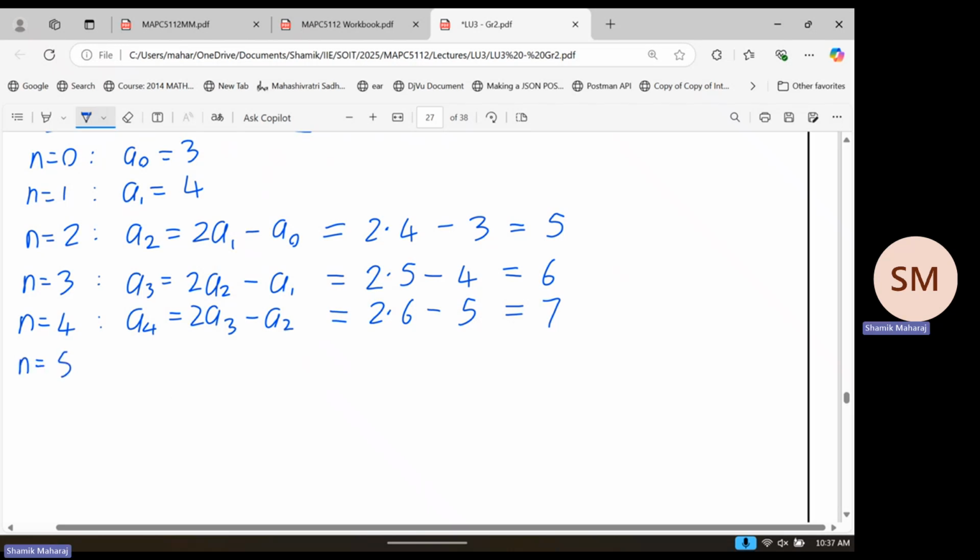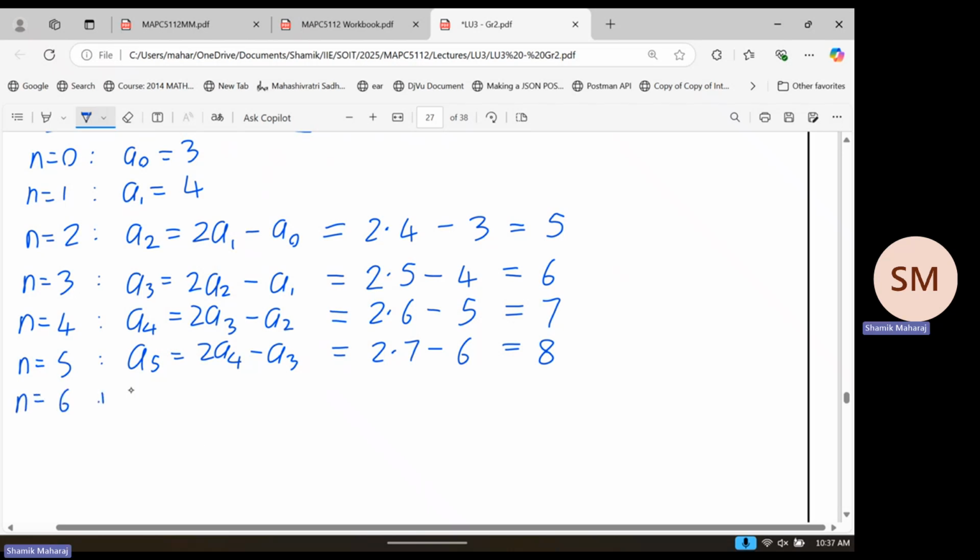N equals 5. Here we have A5 is equal to 2A4 minus A3, which is 2 times A4, which we worked out to be 7, minus A3, which we worked out to be 6. So that's 14 minus 6, which is 8. Okay, and I think we can see a pattern emerging already. But anyway, since we're almost there, one more step.